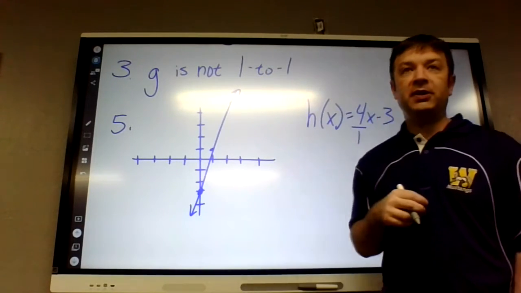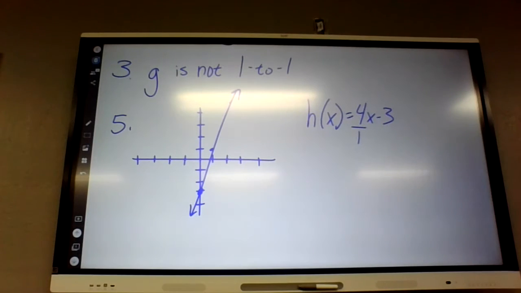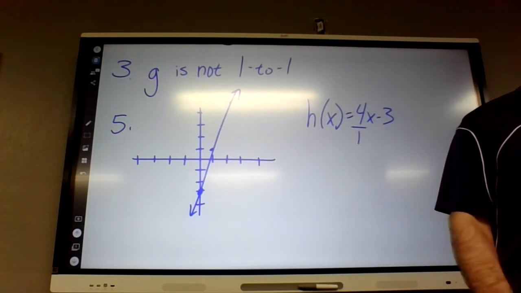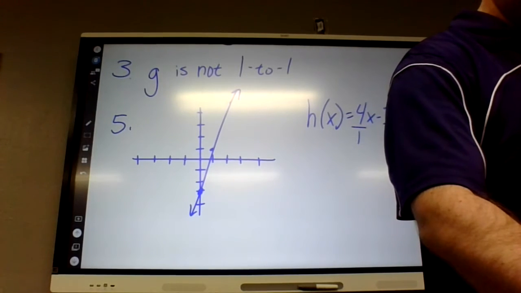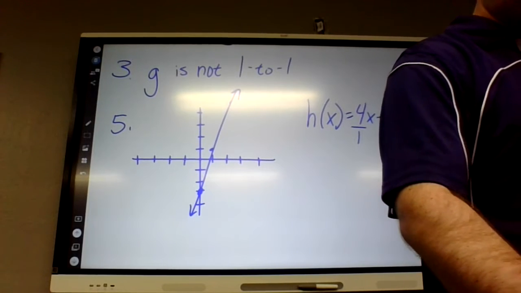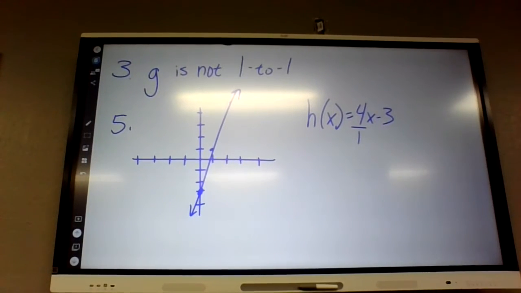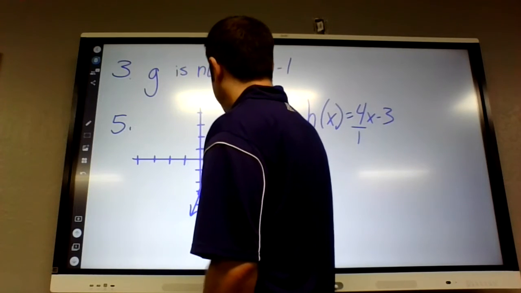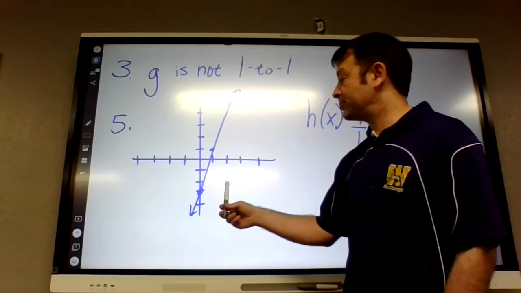Okay, how do I graph the inverse? Well, we could reflect it over the line y equals x, like we did the other day. Or we could find the inverse function, which we're going to have to do for b anyway. Or probably the easiest way, we can just switch the x and y coordinates.